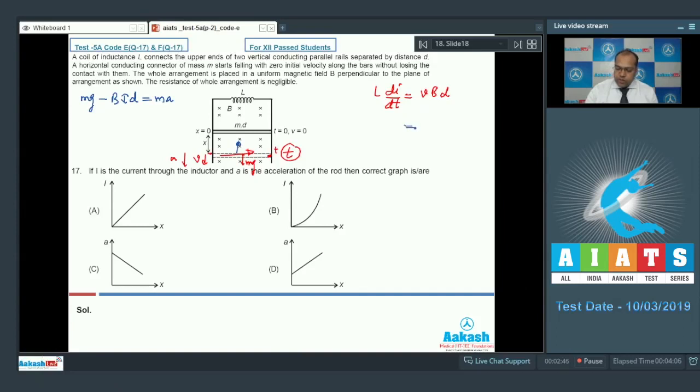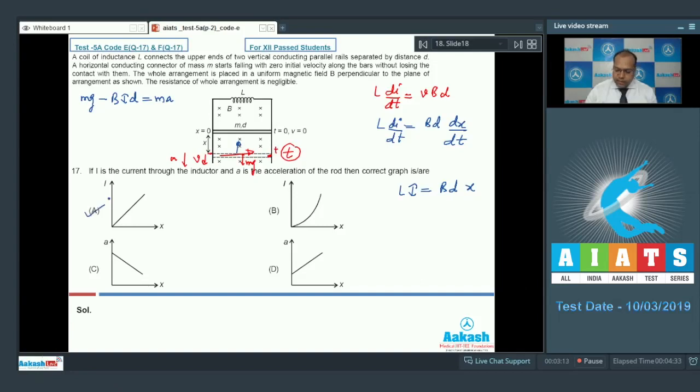So this equation can be further written as L into di by dt is equal to B into d into dx by dt. So on integrating this differential equation, we will get L into I is equal to B into d into x. So this is a straight line equation passing through the origin.